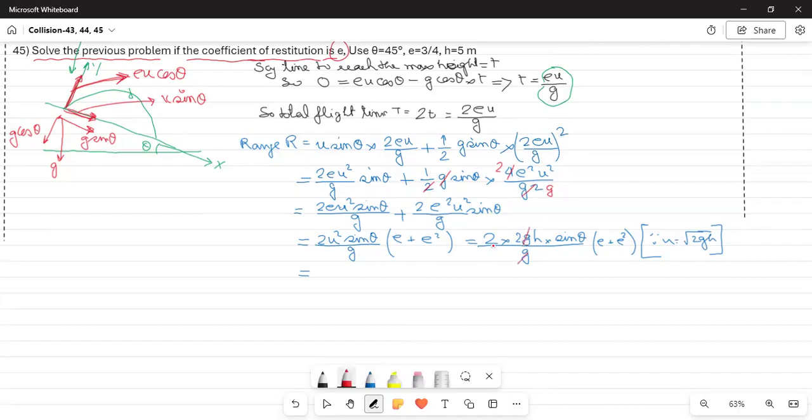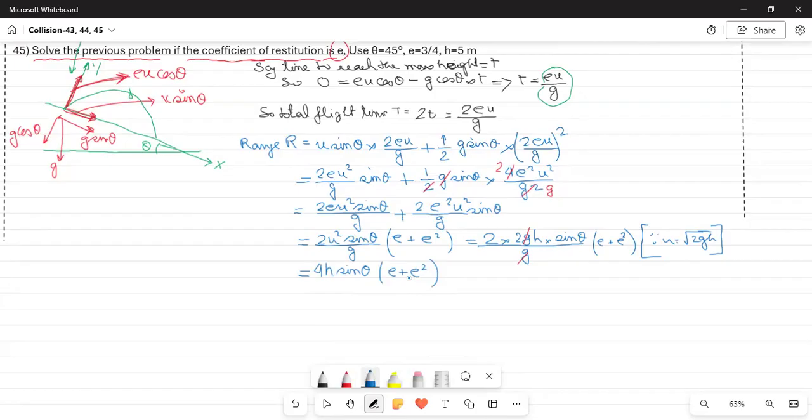So what we have, 2 times 2 is 4. We have 4h sin theta, times e plus e squared.